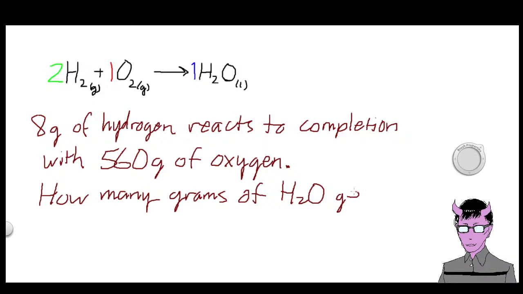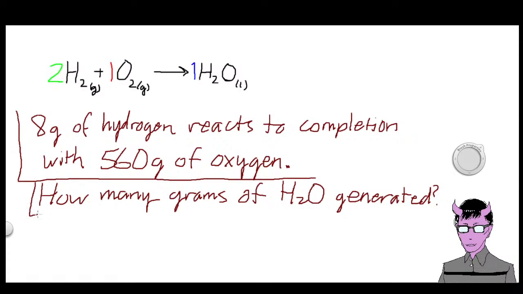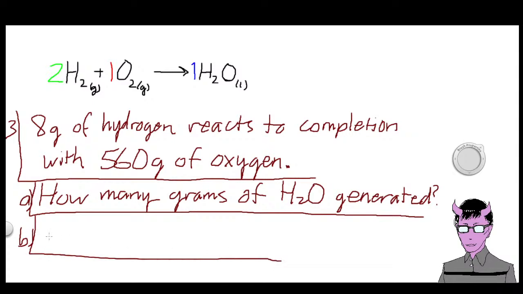So this won't be complete English for sake of efficiency. So this is going to be the main question, and then there's going to be this question: how many grams of H2O generated? And here are some more questions, right? So this is problem 3. This is part A. Typically, you have multi-part problems. So that's part A. This is going to be part B. How many grams of reactants will be left over?